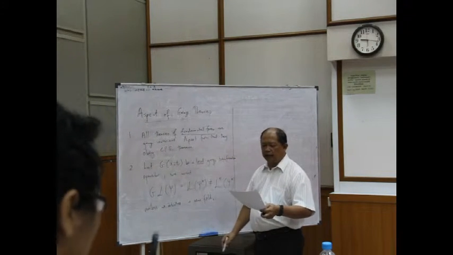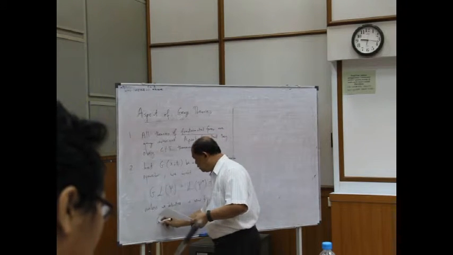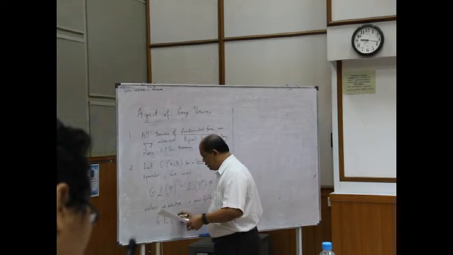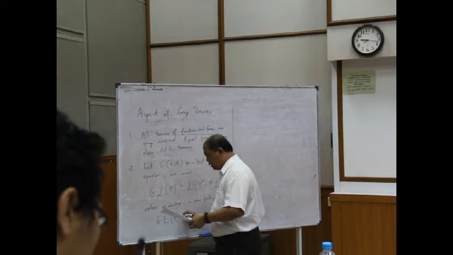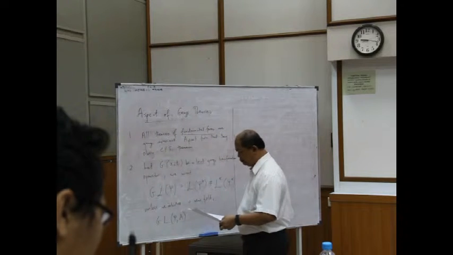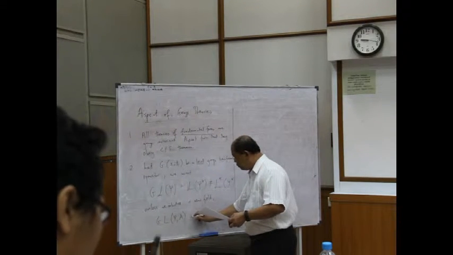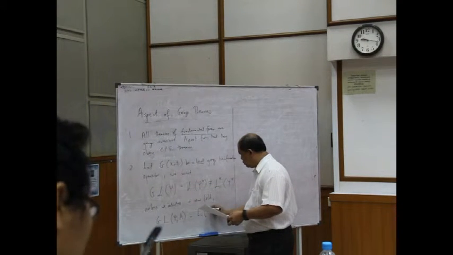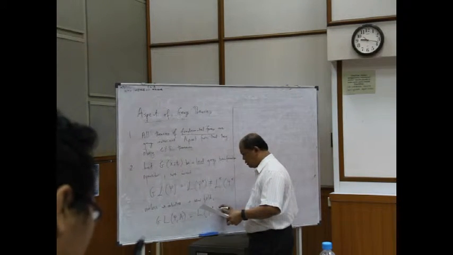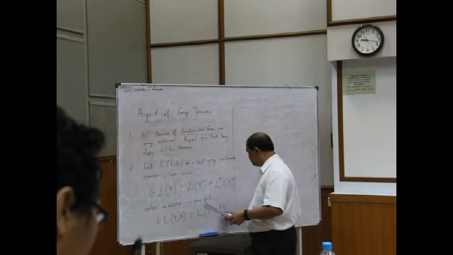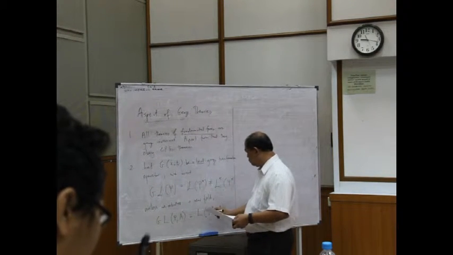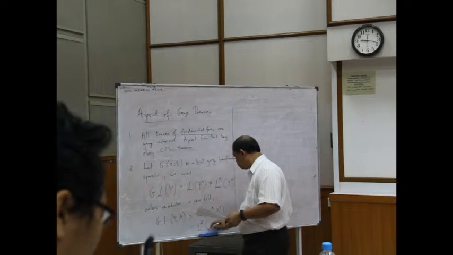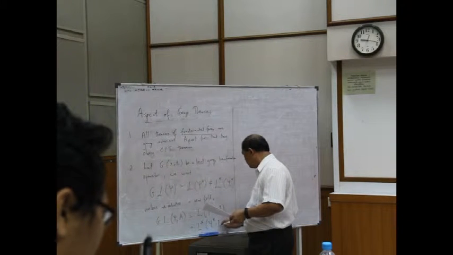Katakan G ni bertindak pada L, dan dalam L ni sebetulnya ada psi dan ada A. So this becomes L(psi star, A star), which is actually also equal to L star(psi star, A star).